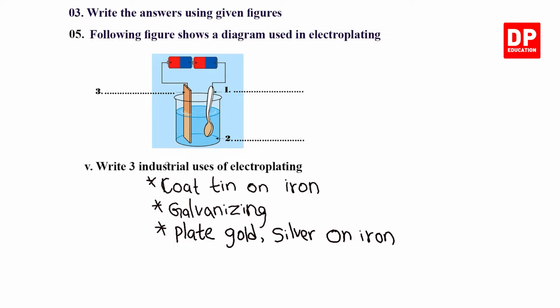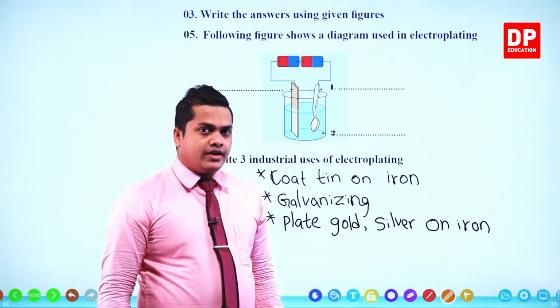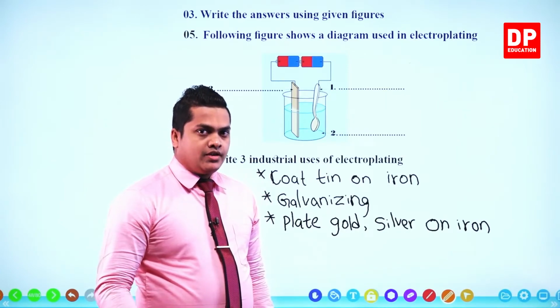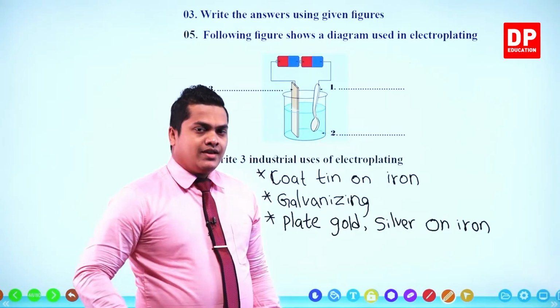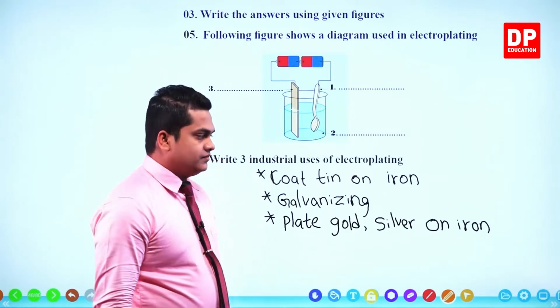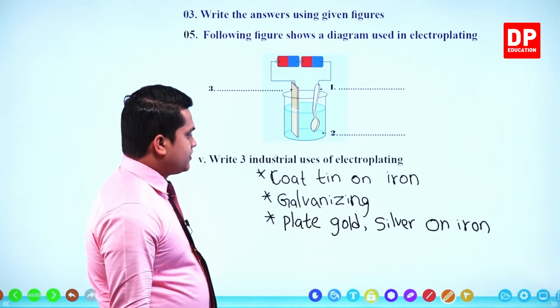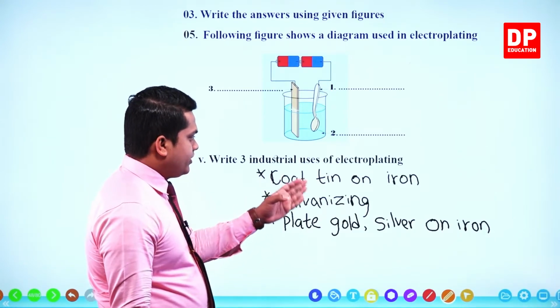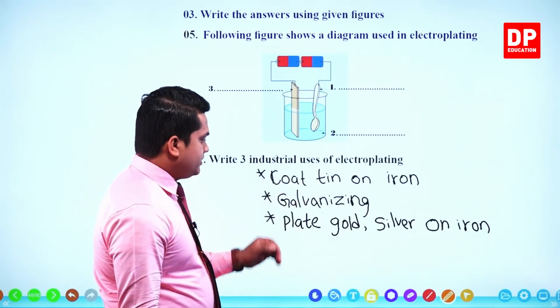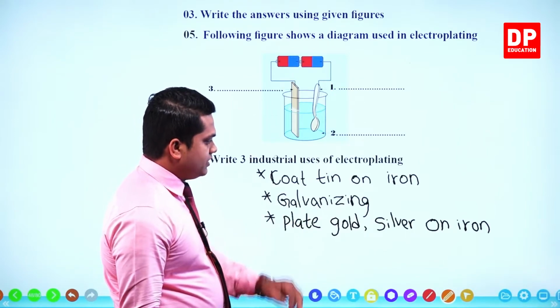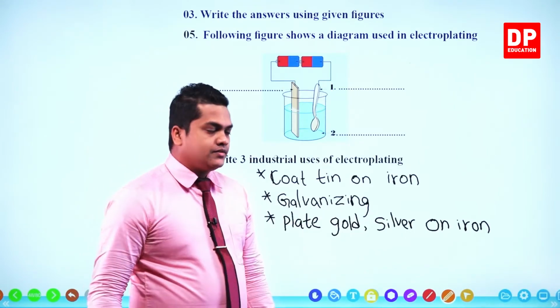Right, so iron means it can be any type of iron metal, a coin, a spoon, fork, anything. Okay, so these are the industrial uses of electroplating: coat tin on iron, galvanizing, plate gold, silver on iron. Right.